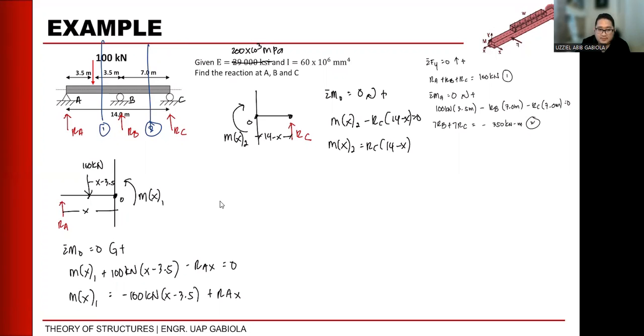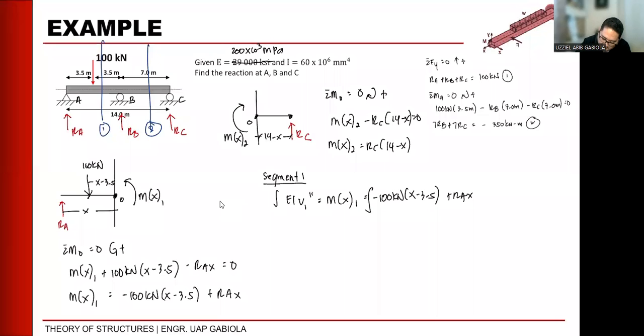Okay, how do we do this so we don't get confused? First, let's use the first segment. EI v1 double prime is equals to Mx1. So our value is negative 100 kilonewton (x minus 3.5) plus RA x. Okay? Let's perform the integration.